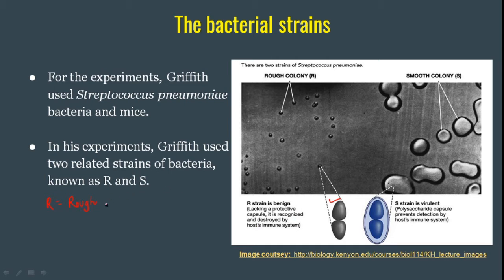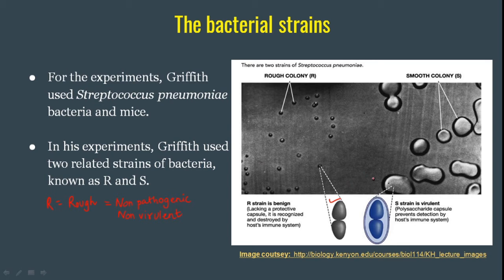So this makes the rough strain the benign or non-pathogenic strain. The R strain is non-virulent, so it will not cause pneumonia in mice.